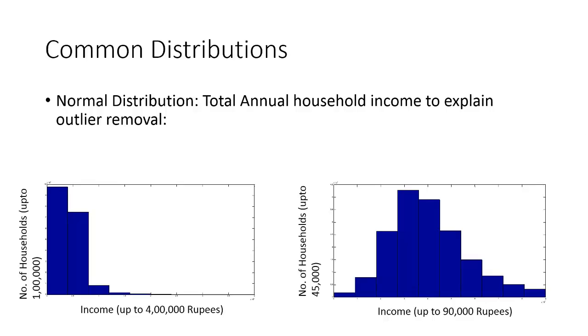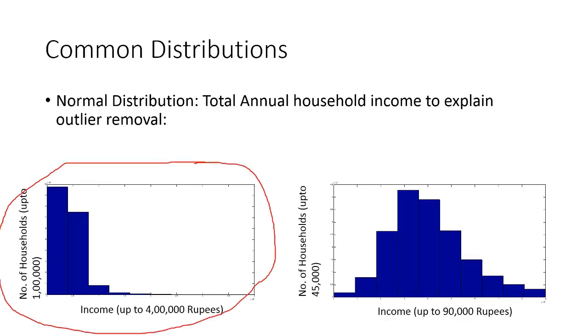Here's an example of some real data where we looked at the total annual household income. The graph on the left-hand side shows all these households with income up to a certain point; we've just stopped the x-axis at a certain value, and the y-axis is the number of households.